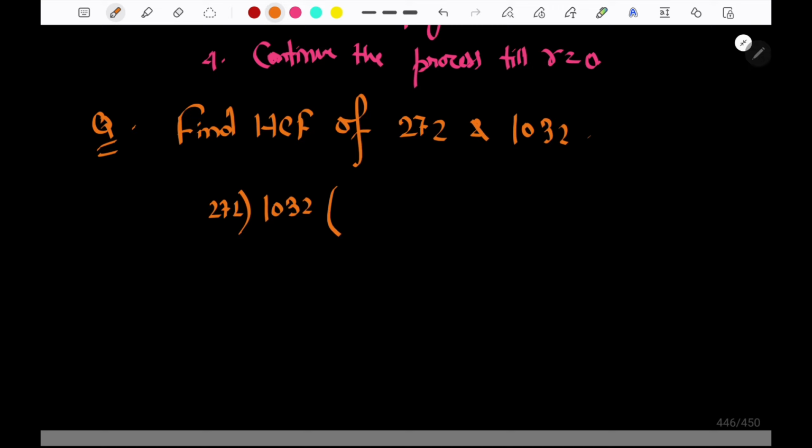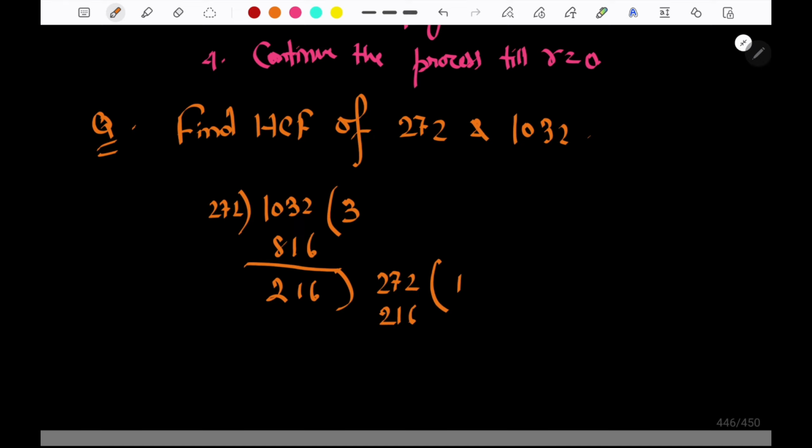If I choose 4, it will go bigger, so 3: 3 times 272 is 816, and the remainder will be 216. Now 216 is divided into 272.